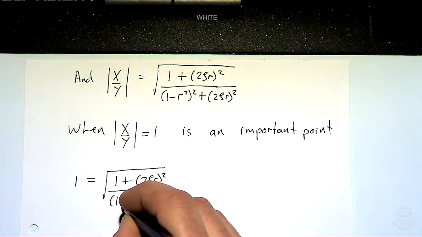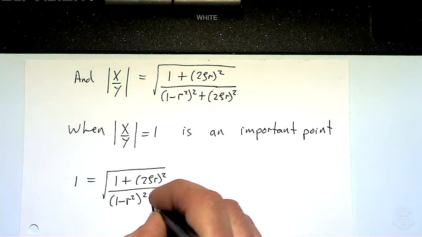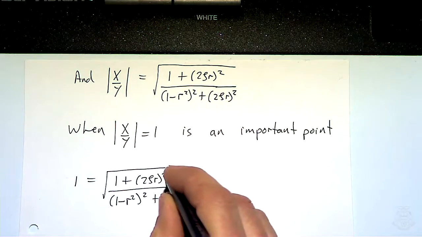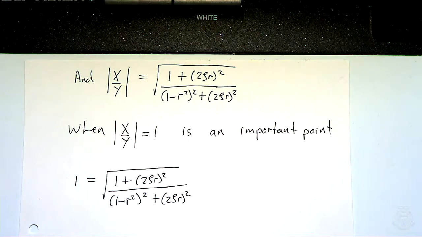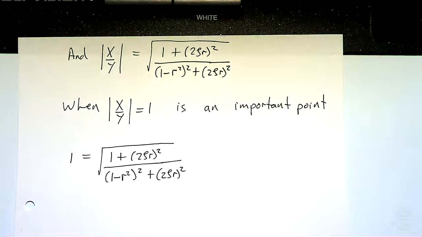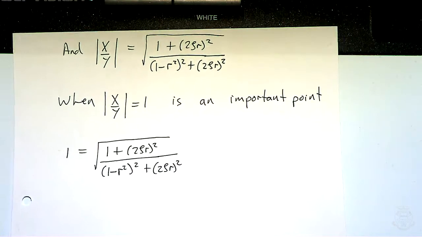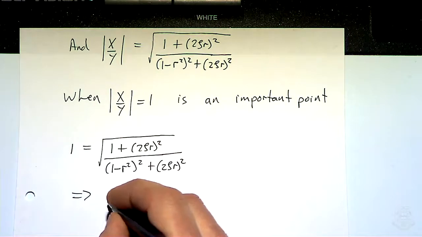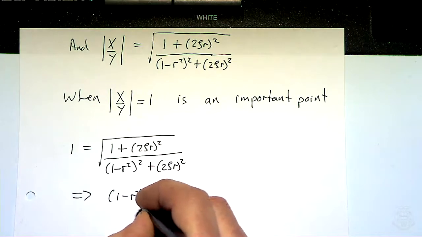So we have this relationship here from the square root function. We can square both sides, can't we? And then multiply through. If we square both sides and multiply through, we get something like this.